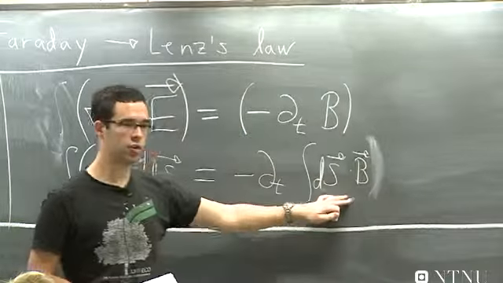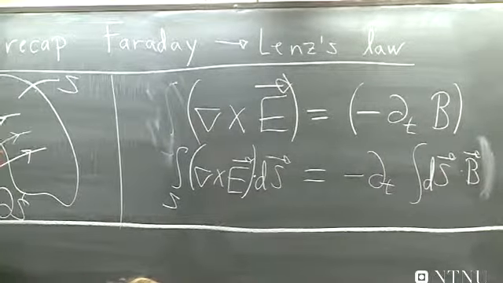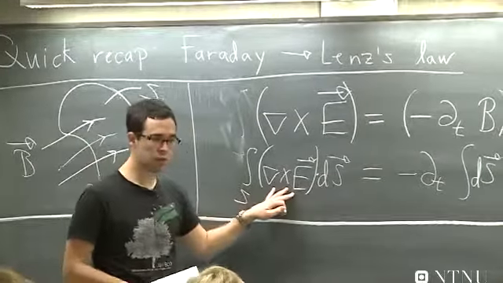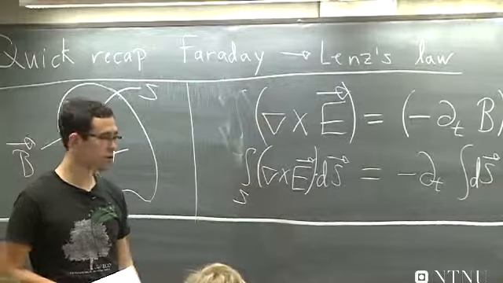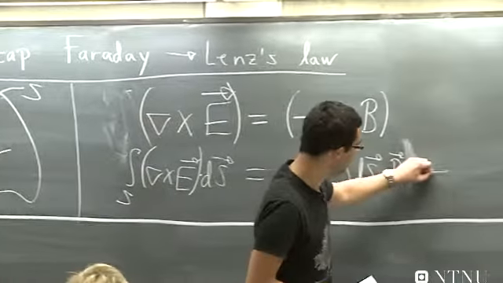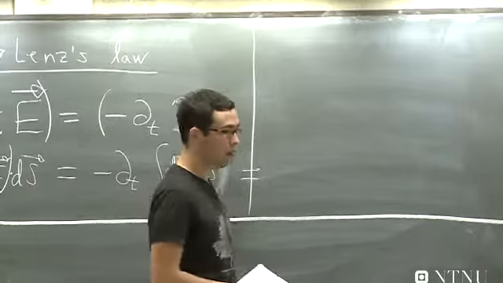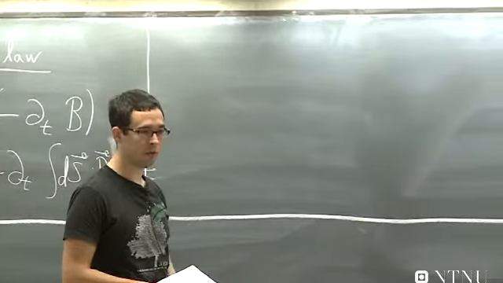The physical meaning of this term is clear. It's the flux of the magnetic field through this surface S. But the meaning of this term is not entirely clear, so I'll use Stokes' theorem to rearrange it. And that gives me the line integral of the electric field around the contour.